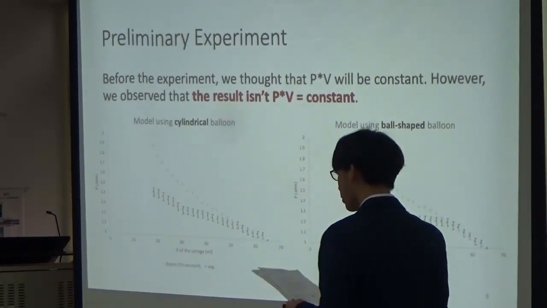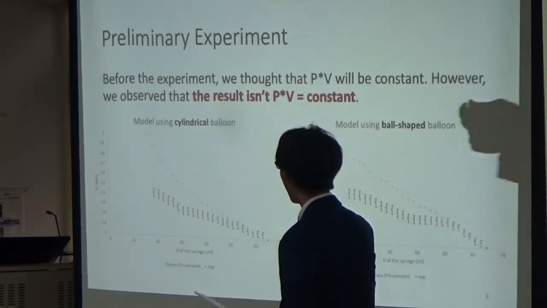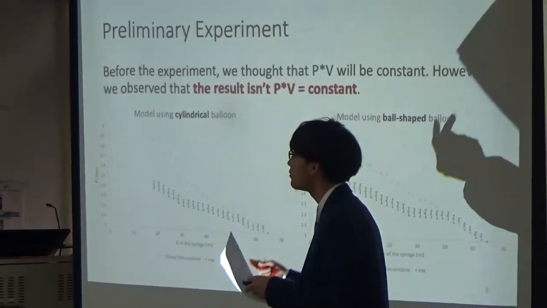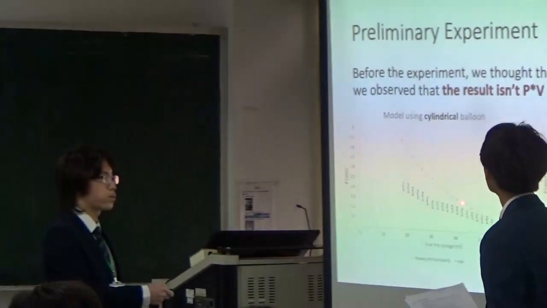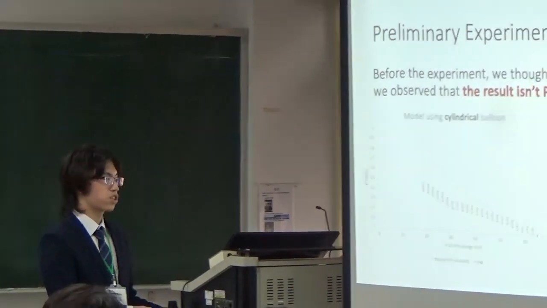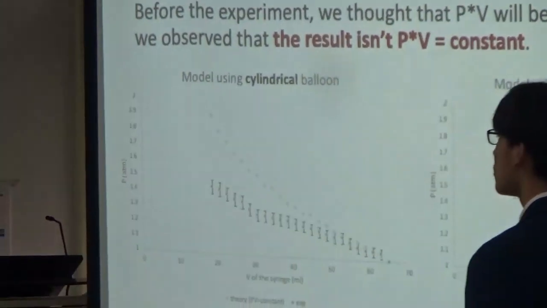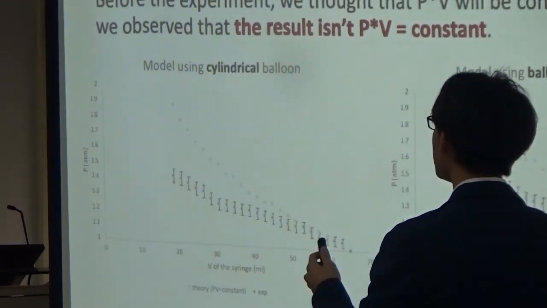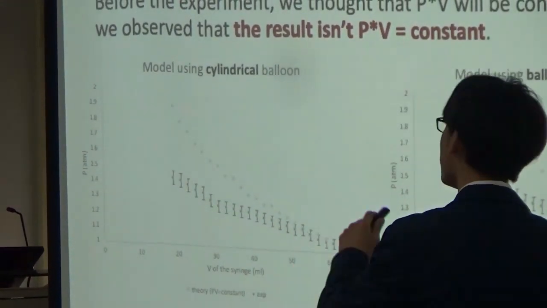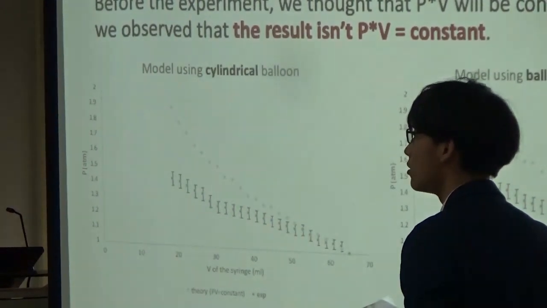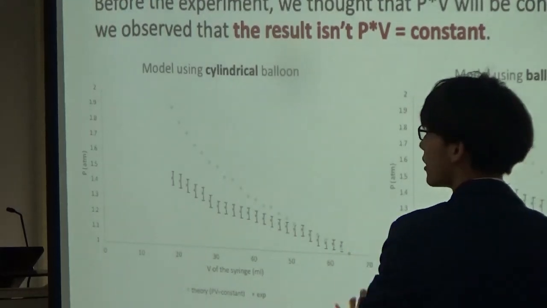Okay. So could the reporter please tell us why there is such a difference between your experiment and the theory? Could you explain the deviation? That's because in our theory we think that PV will be constant, but actually it's not, because the temperature will not be constant. Did you eventually find a fitting line to match your experimental data, in which PV is not a constant?